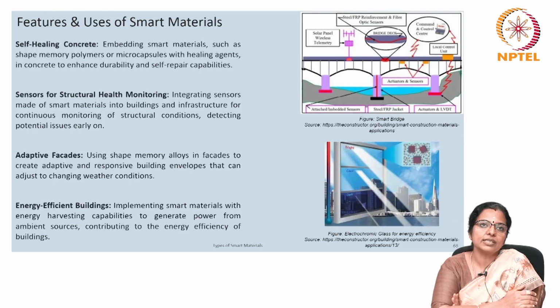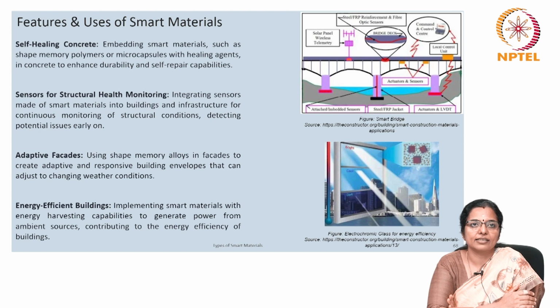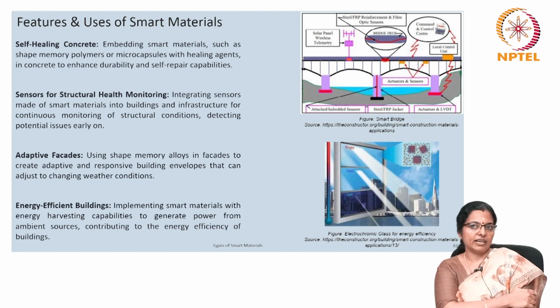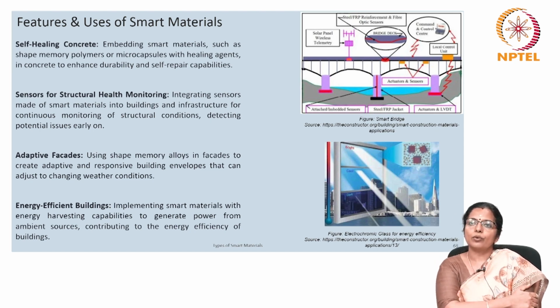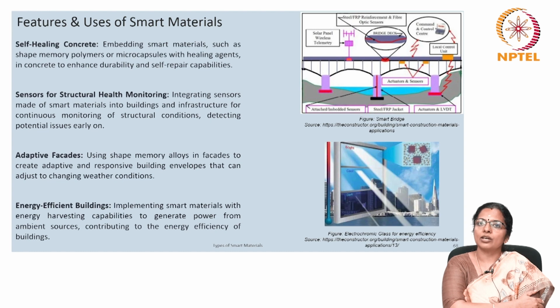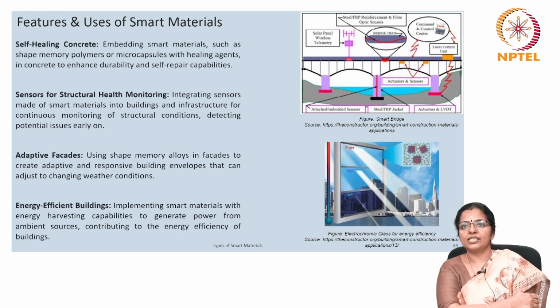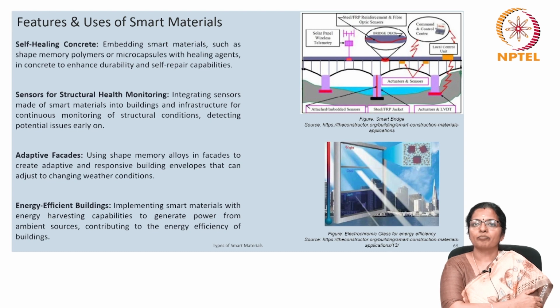Then there are uses of these smart materials. These can be used in self-healing concrete: embedding smart materials such as shape memory polymers or microcapsules with healing agents in concrete to enhance durability and self-repair capabilities.